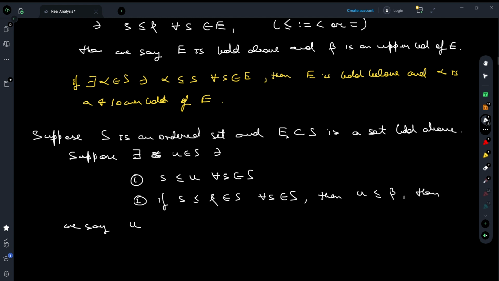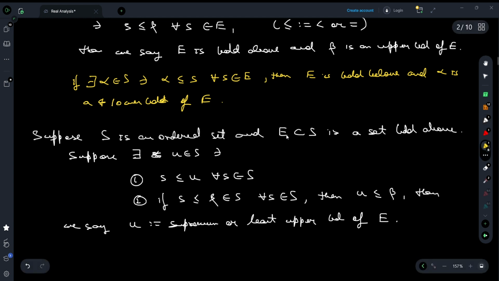Then we say that this number u is the supremum, or the least upper bound of E.